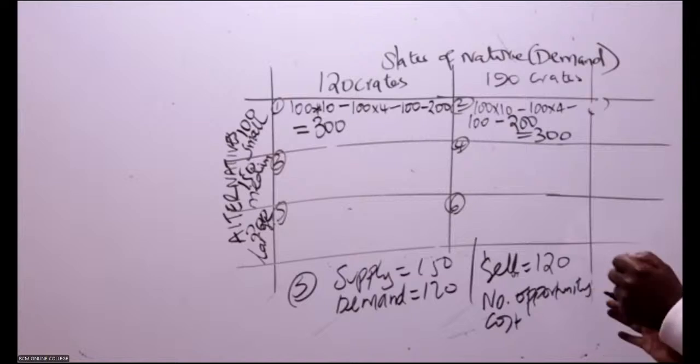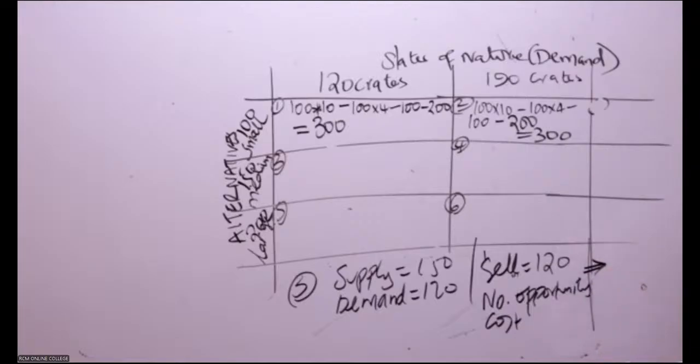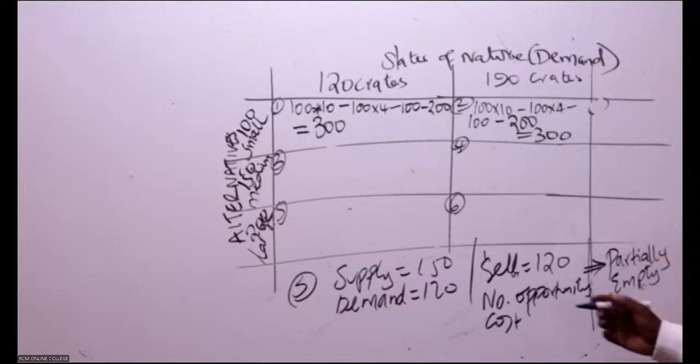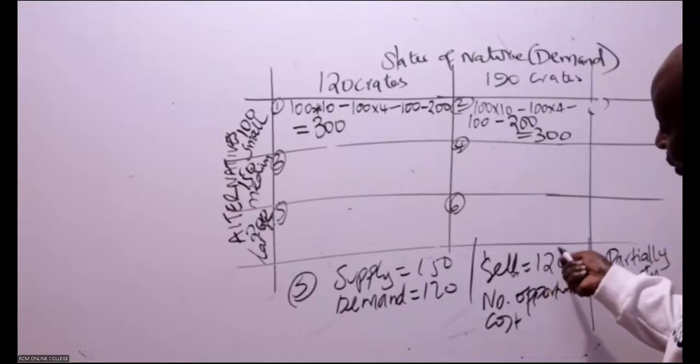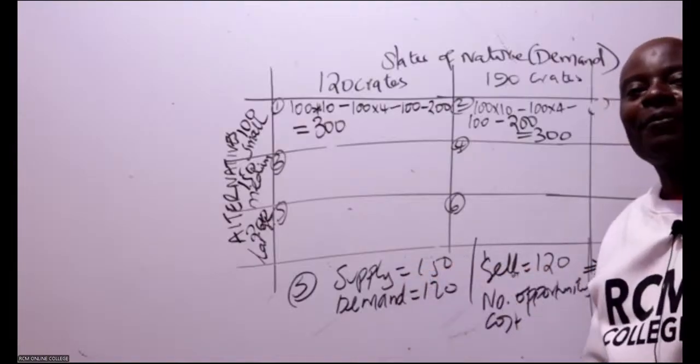So let's move on. But one thing is very clear, that we are flying down there partially empty. Why? Because we shall be selling 120 and our van size is 150.